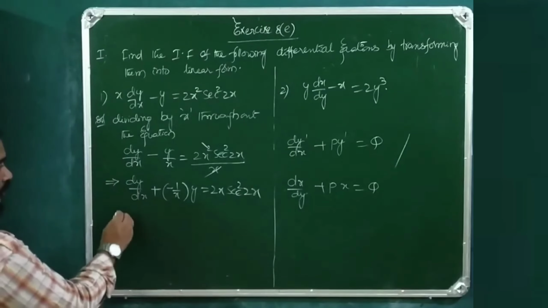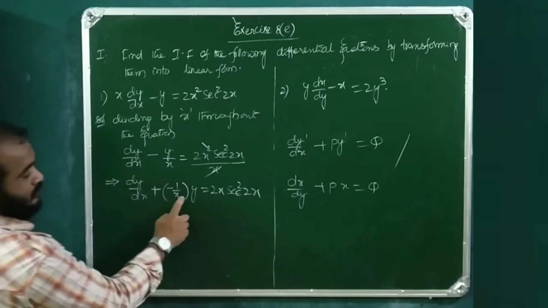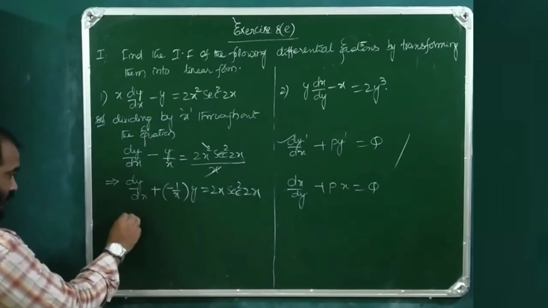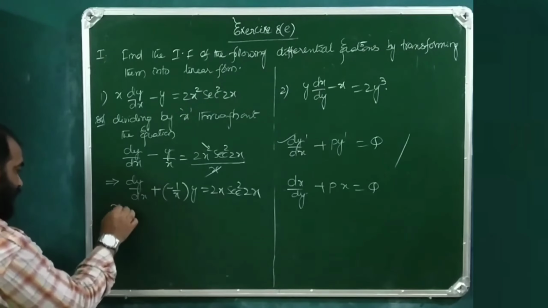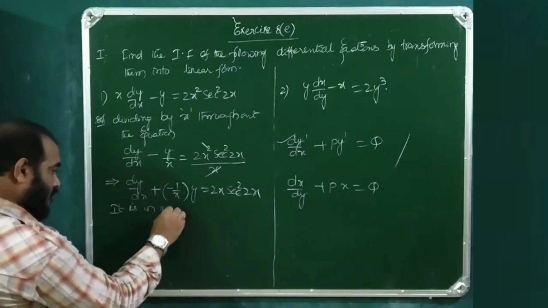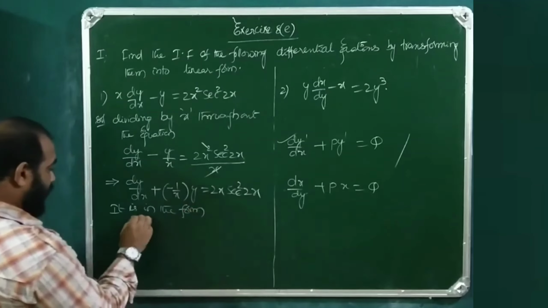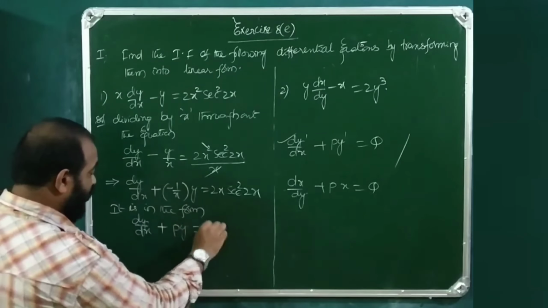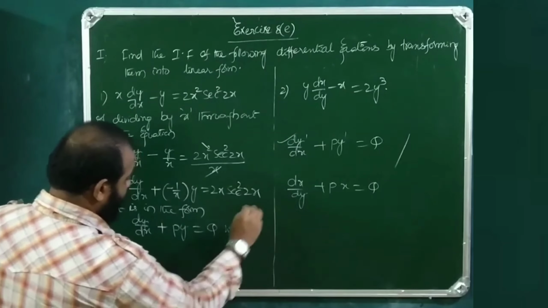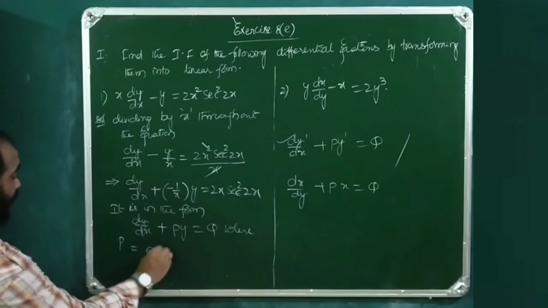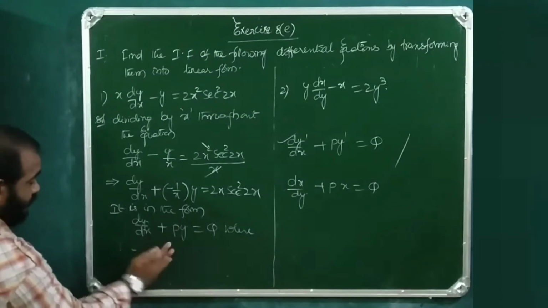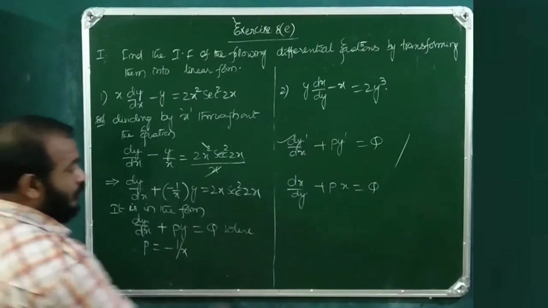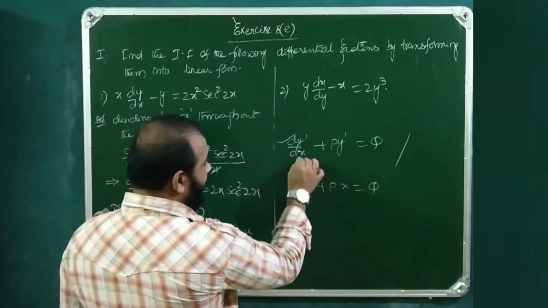So this is clearly of the form dy by dx plus py equals q, the first one, where p is equal to minus 1 by x.